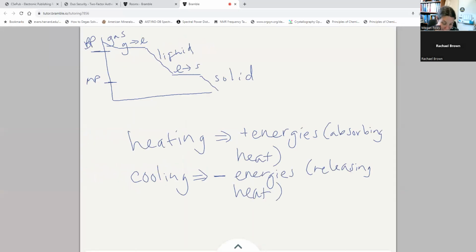Anytime we have, with either of our curves, heating or cooling, a non-zero slope, so the ones that are going up or down, right?